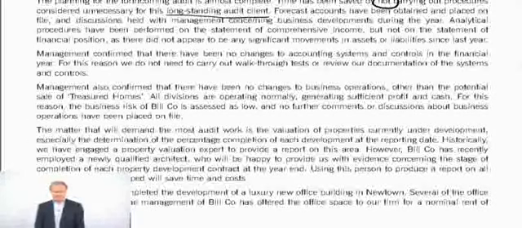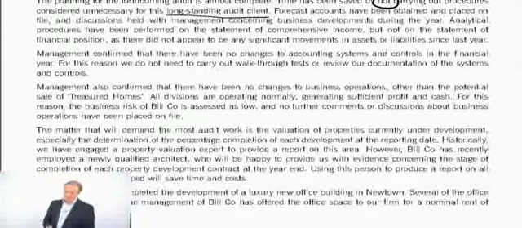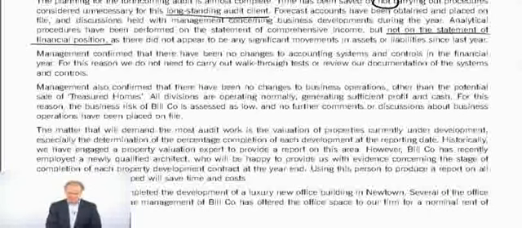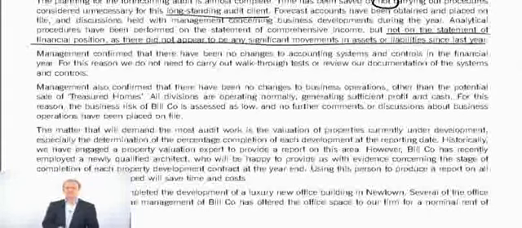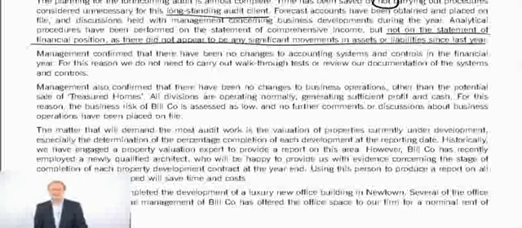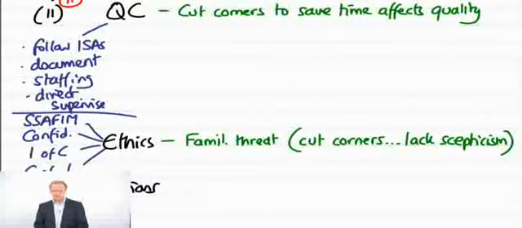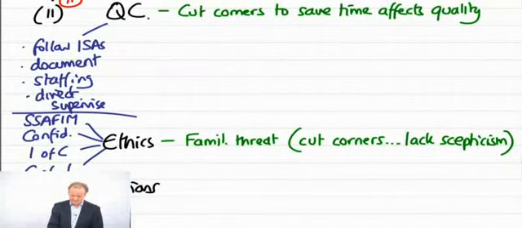Forecast accounts obtained, placed on file, discussions held with management, analytical procedures performed on the statement of comprehensive income, now the profit or loss, but not on the statement of financial position, as there did not appear to be any significant movements. Well, that doesn't mean the numbers are right just because they haven't changed. Maybe they should have changed. So I've got another issue. Quality control issue here.